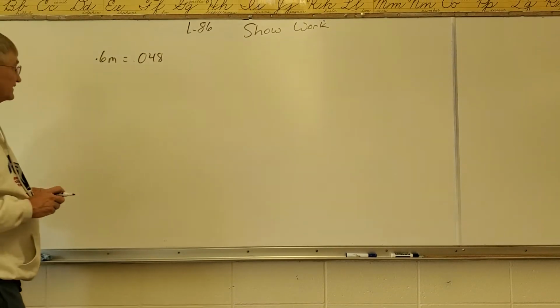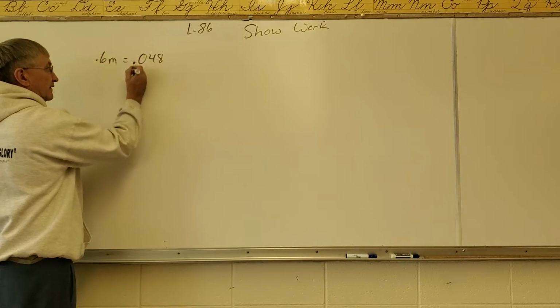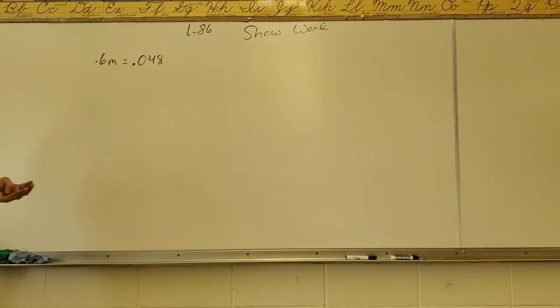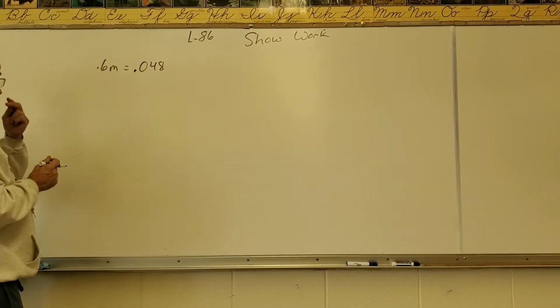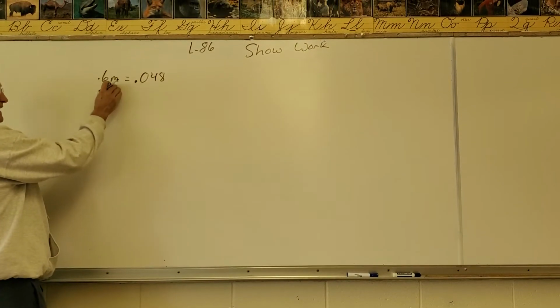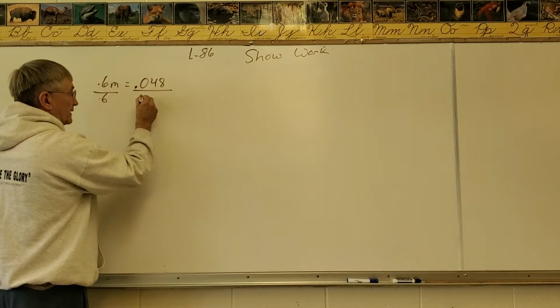Same process. We have the same exact situation, only they put a decimal in here. No different. It doesn't matter if they have decimals or even fractions. Same process. I want to get the m by itself, so I'm going to divide by 0.6.